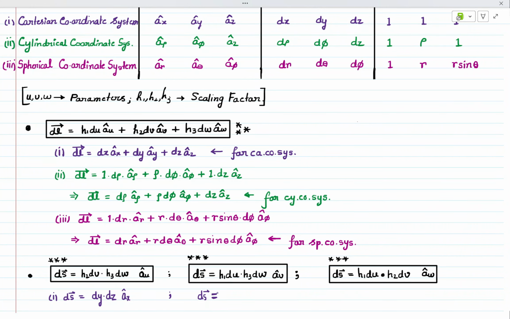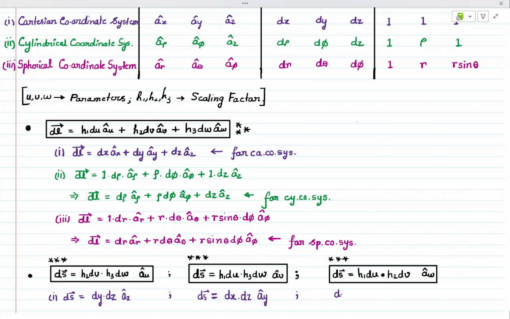Now h1 du and h3 dw. In case of the Cartesian coordinate system, h1, h2, h3, all three are 1. So 1 into du means dx, into 1 into dw means dz, in the direction of ay.